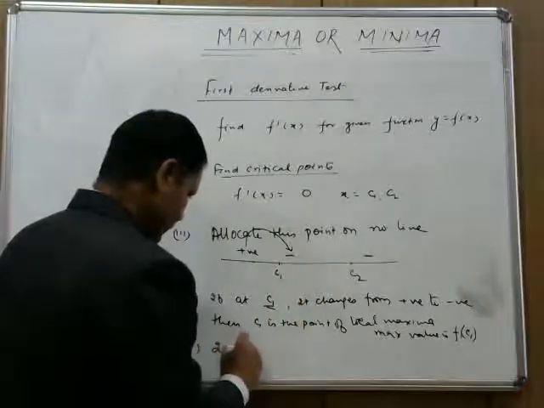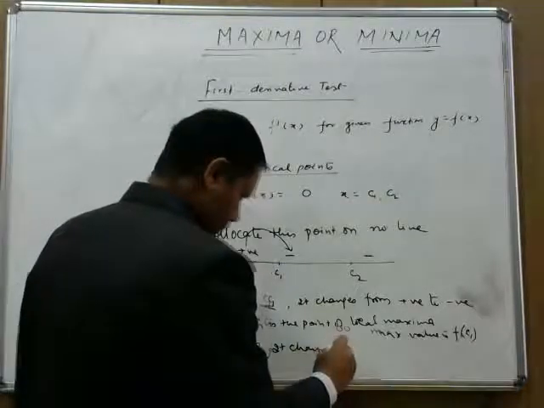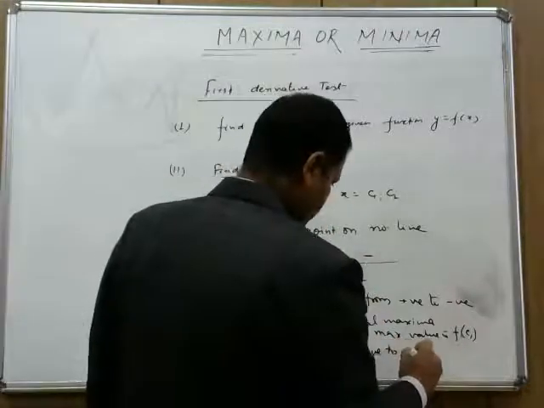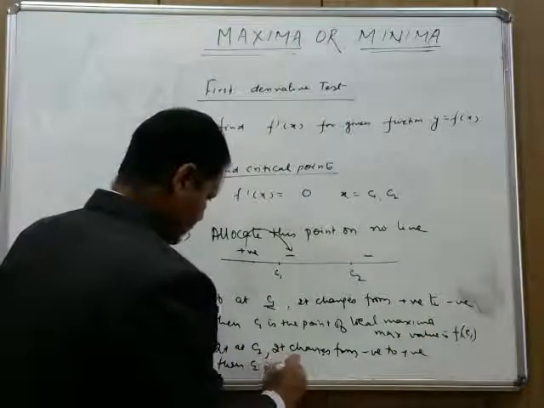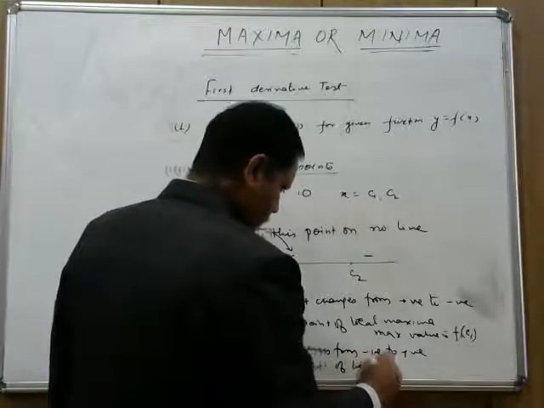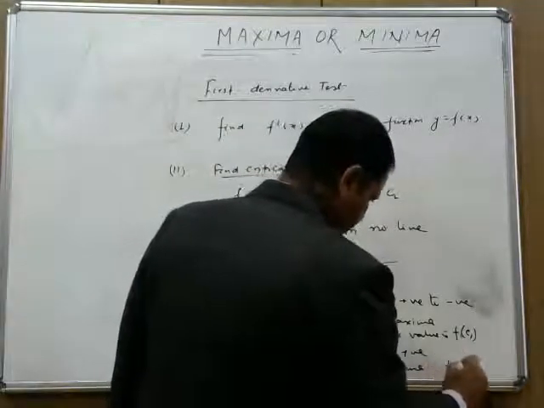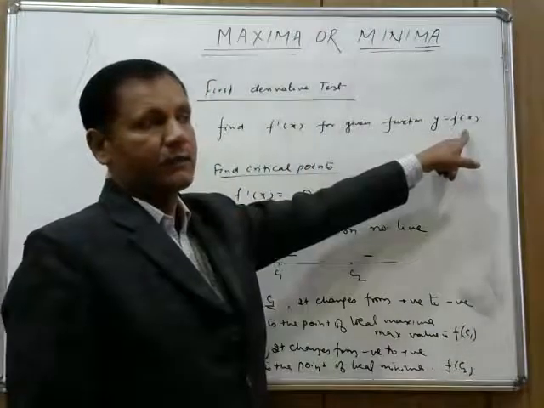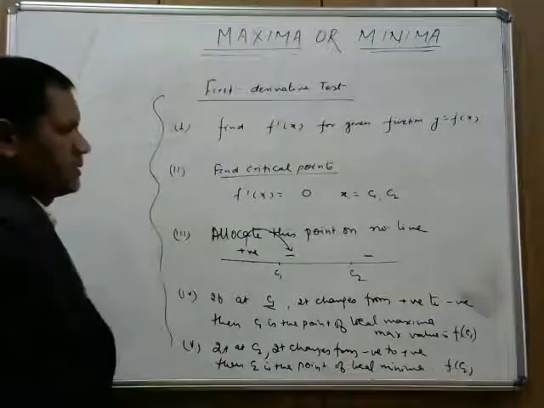If at C2 it changes from negative to positive, then C2 is the point of local minima and its minimum value is f of C2. This value you put in the function y is equal to f of x. This is the working rule for the first derivative test.